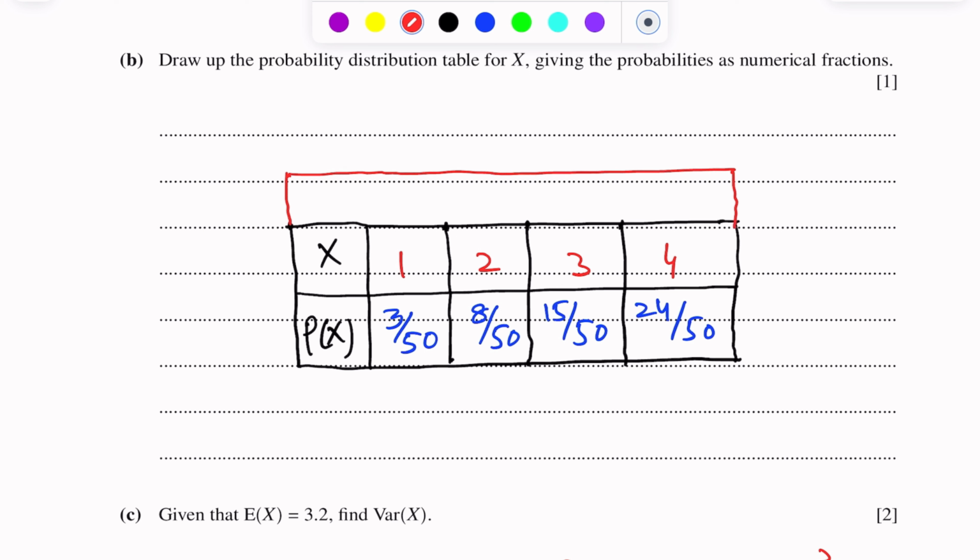We will take the square of each value of x to get x squared. Square of 1 is 1, 2 squared is 4, 3 squared is 9, and 4 squared is 16.